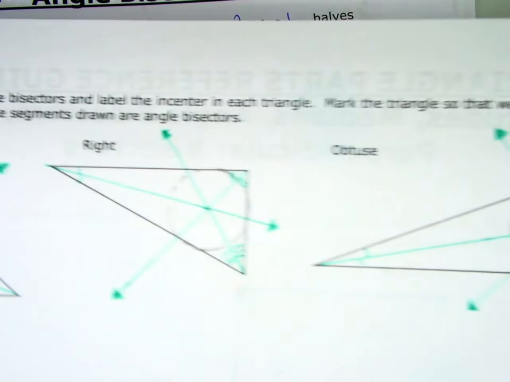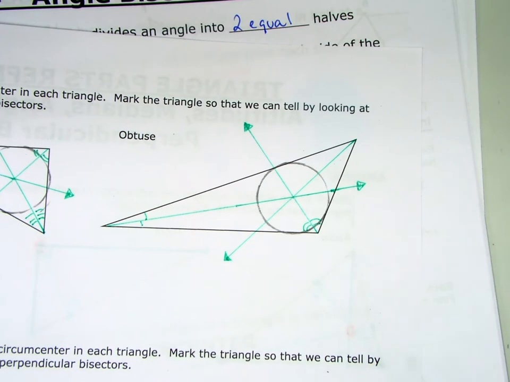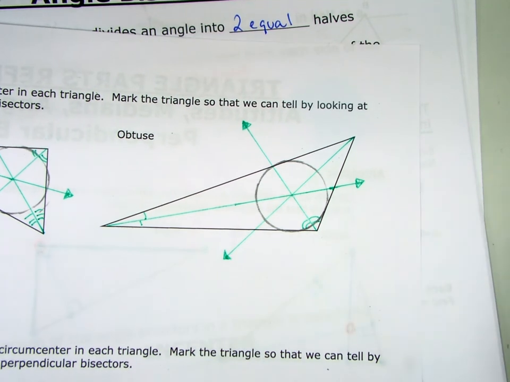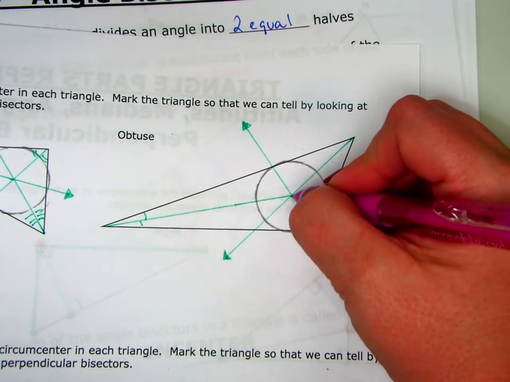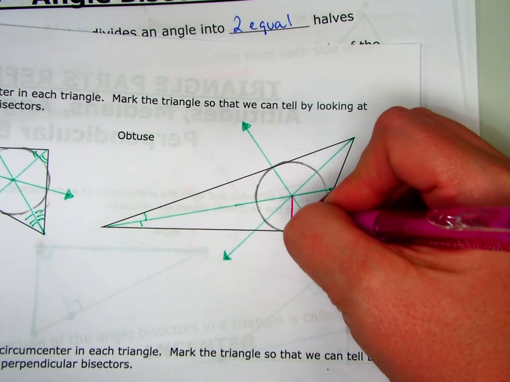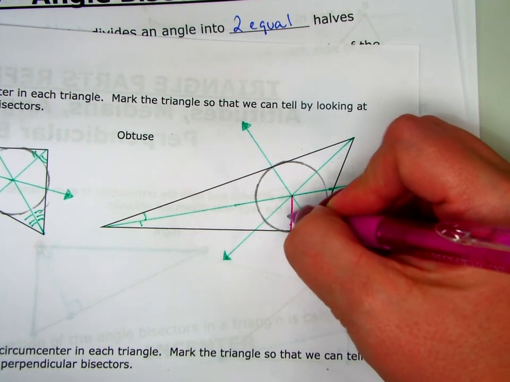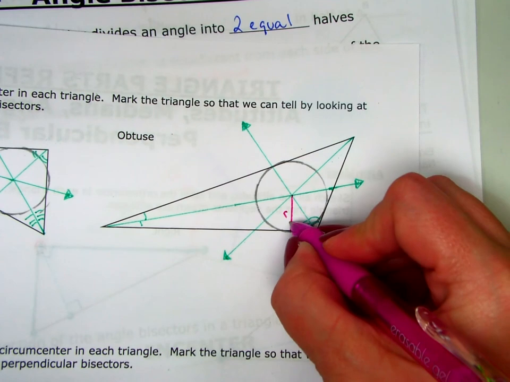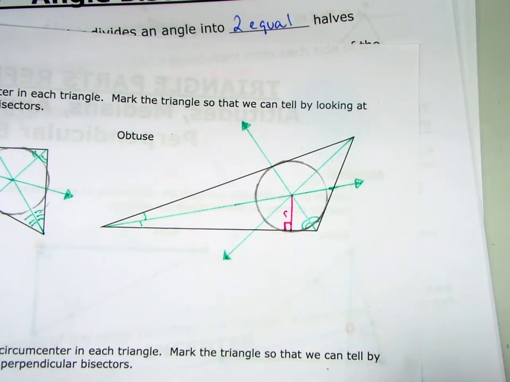Okay? What that means is that center, called the in-center, is equidistant to each side of our triangle. Okay? So when we say it's equidistant to each side of the triangle, that's going to mean if I were to draw the radius in to the side where it touches the edge, that radius is going to be perpendicular to the side, because that's how we measure distance, is perpendicular.